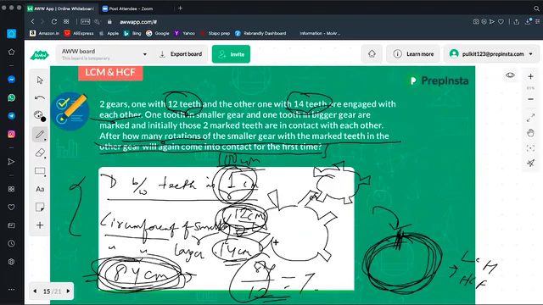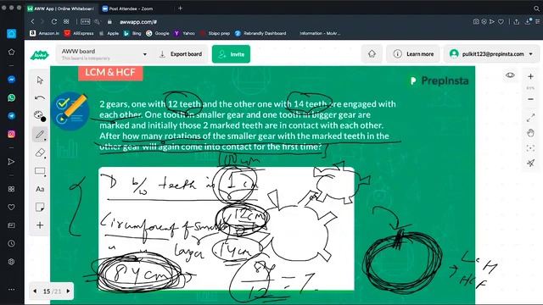Ramesh Mali and Vivek Kumar. Yes. Now, I know that they have to complete 84 centimeters to be on the initial position. Circumference of one is 12 centimeter. For the smaller gear, the circumference is 12 centimeter.